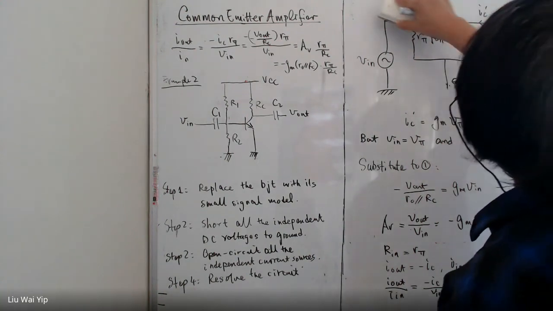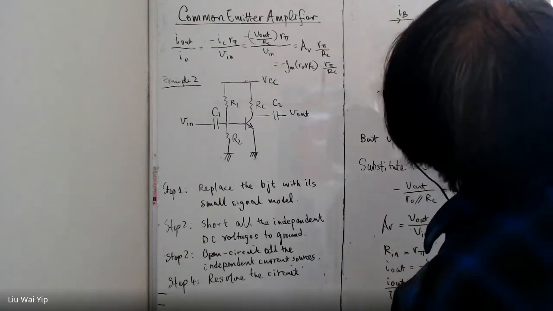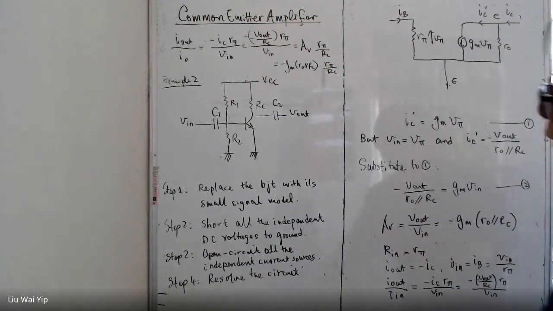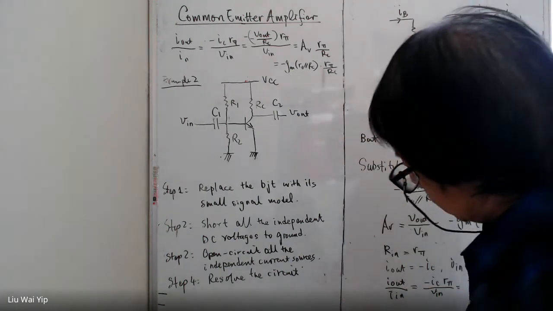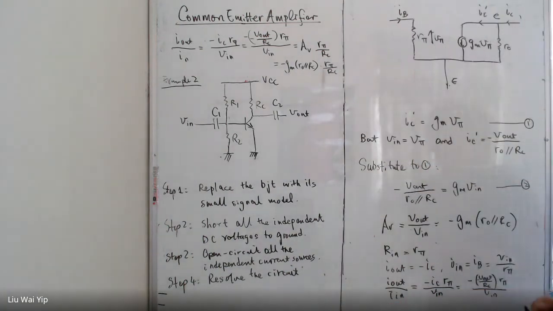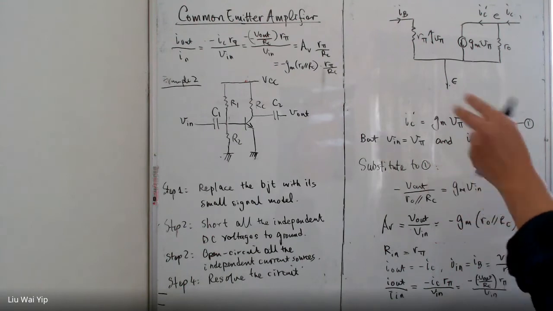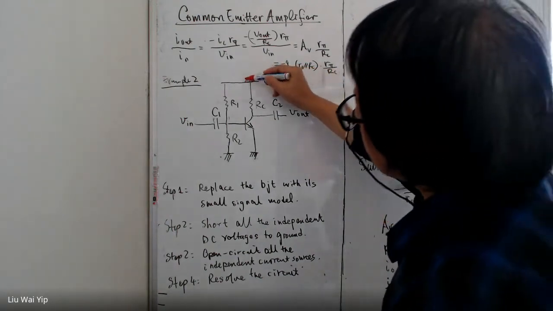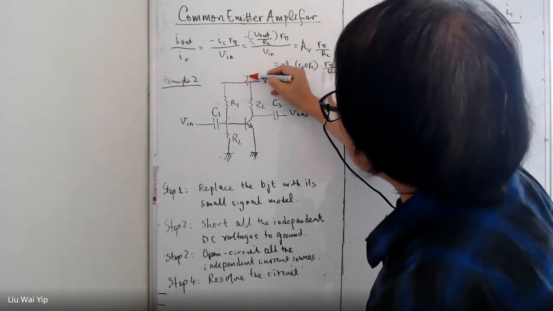So this is the pi model. The pi model is like that. And now the next step is to connect the VCC to ground. And for this circuit, we have only one independent DC voltage. So now this one is connected to the ground.